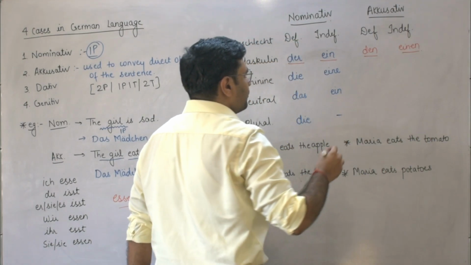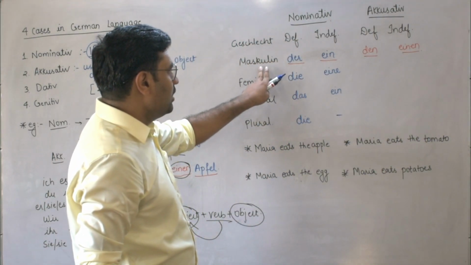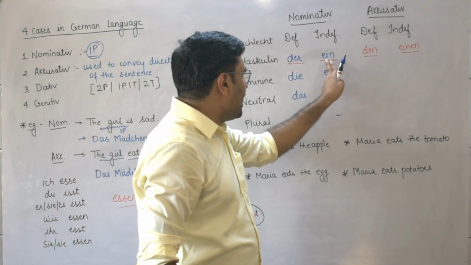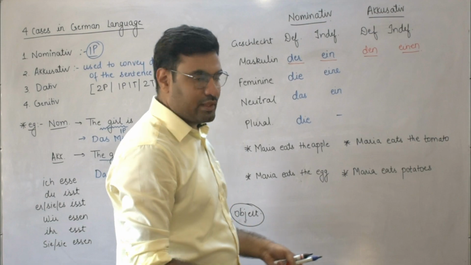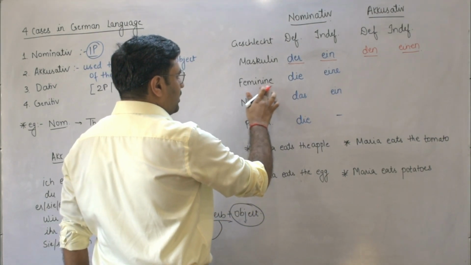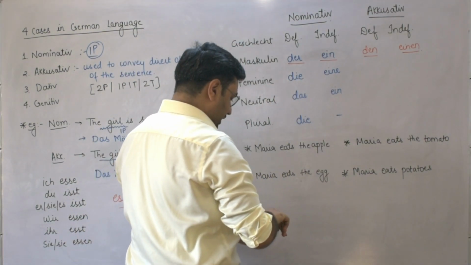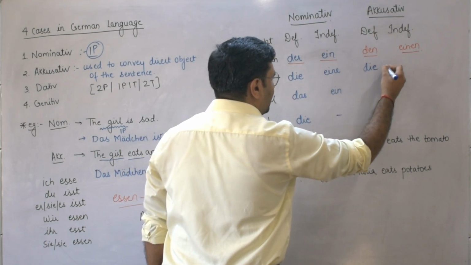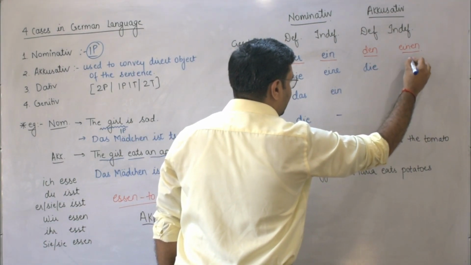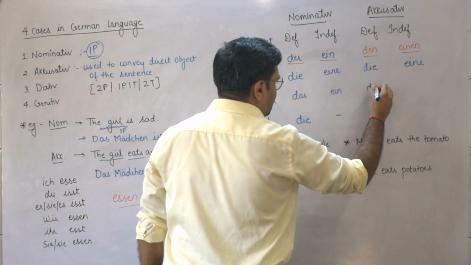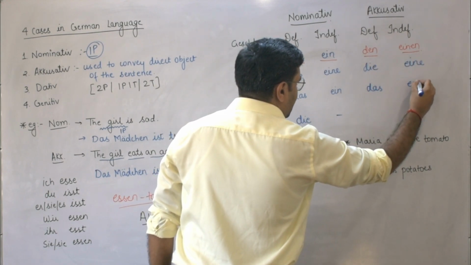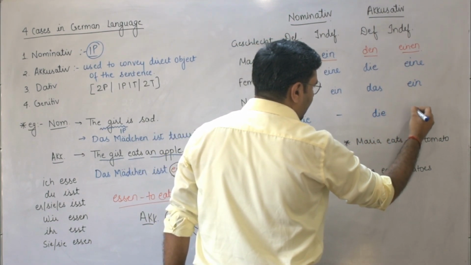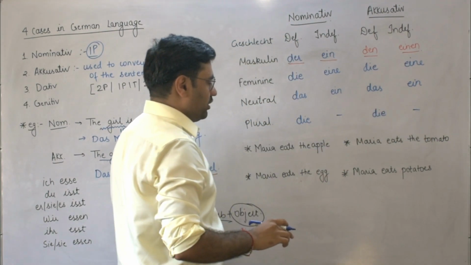This you need to learn. In the masculine gender, der becomes den, ein becomes einen. Next, feminine: everything after this remains the same. Die remains die, eine remains eine, das remains das, ein remains ein, die remains die, and no article remains no article for plural.